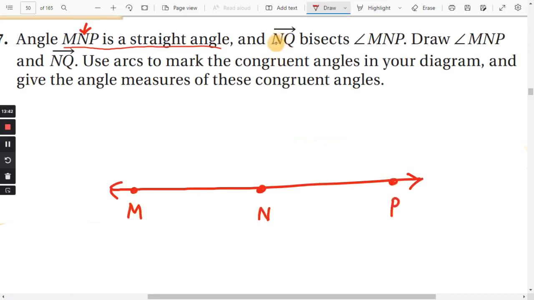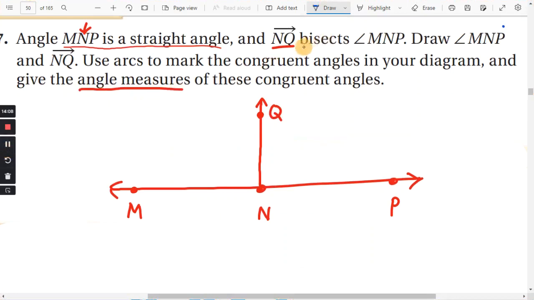And ray NQ bisects it. So here's N. We have to draw ray NQ. So that means N is the end point, and Q is the other letter on that ray. See if you can mark which ones are congruent and find the angle measures of those congruent angles, please.